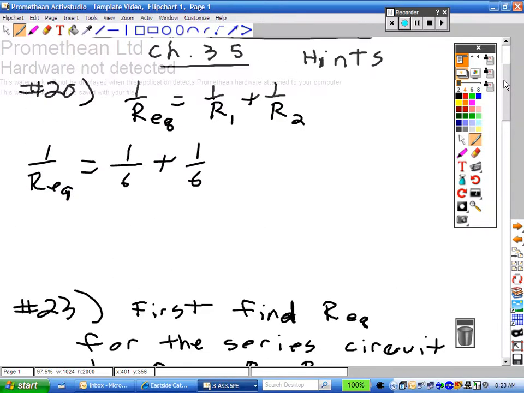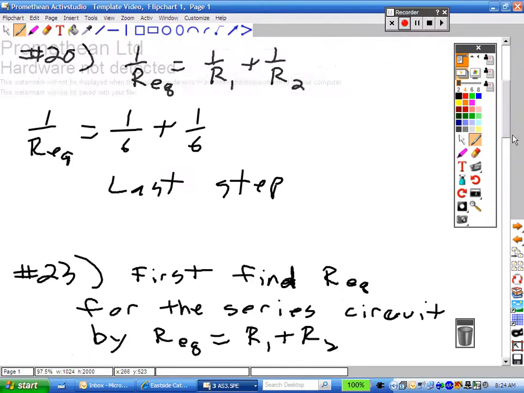Of course, you're going to use the common denominators that are already there. Remember, there is a last step. You recall from class that the last step is to take the reciprocal, and that'll fix number 20 for you.